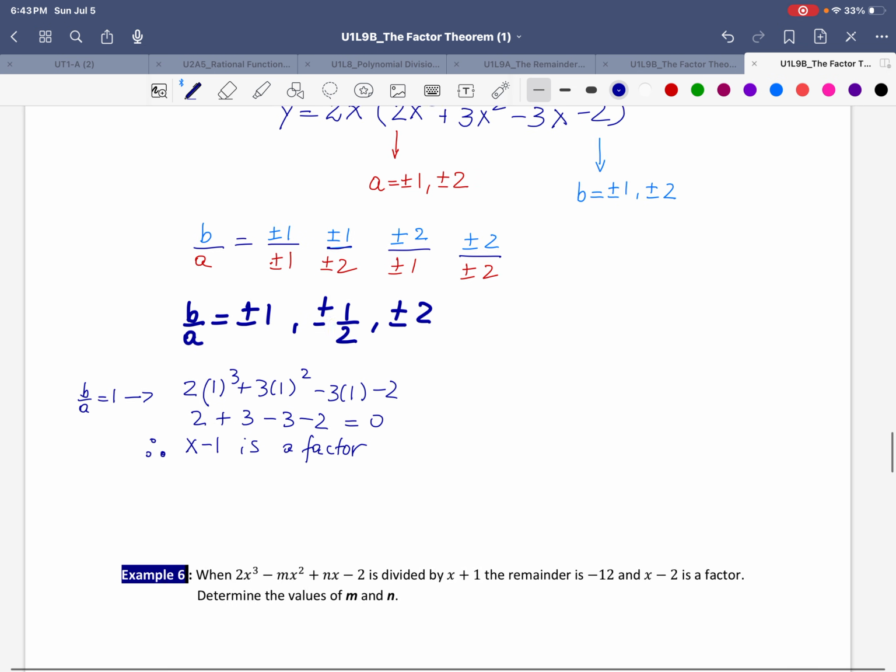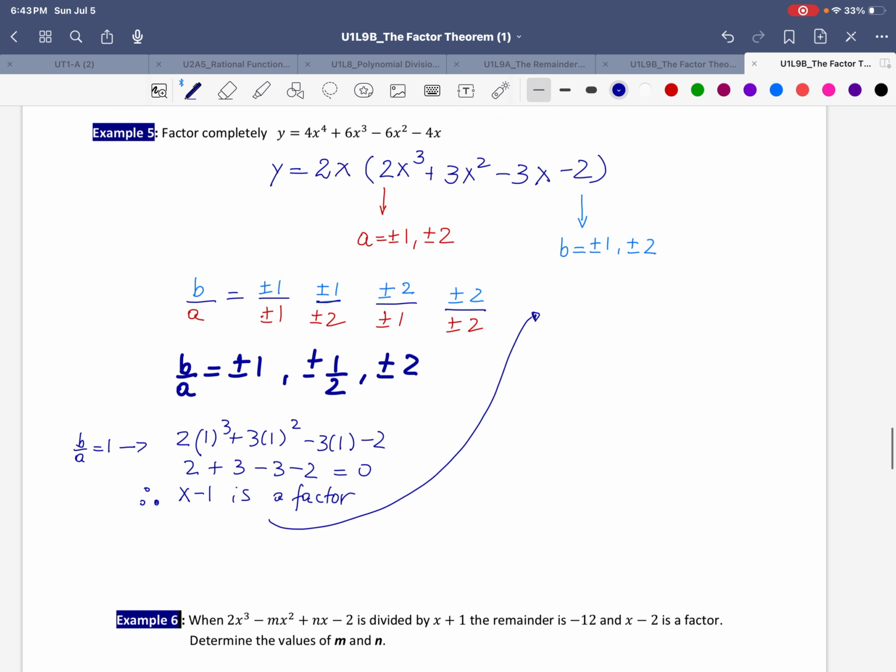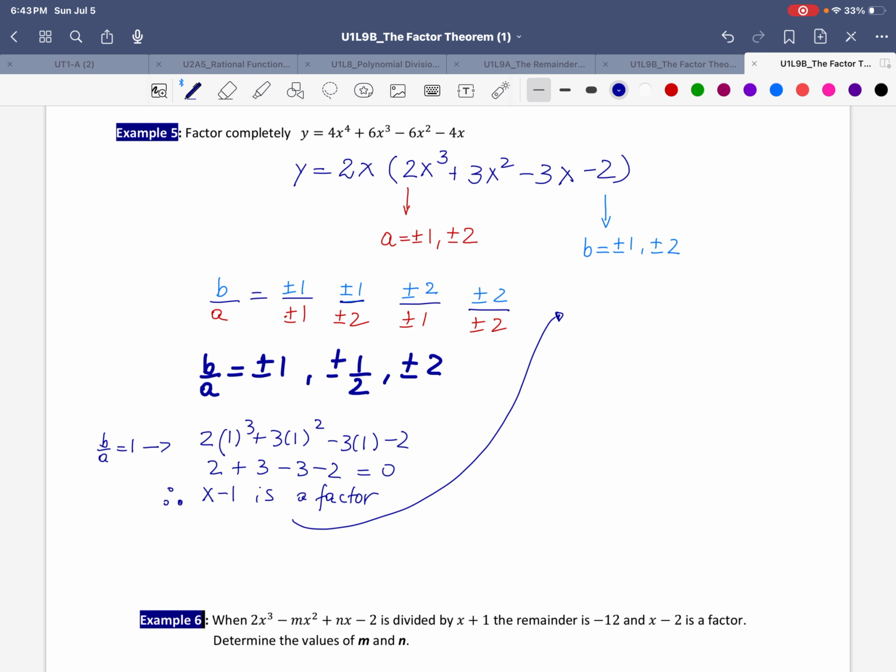So if x minus 1 is a factor, we're going to start our division by the factor to figure out the quotient, which will be the other factor of the polynomial. So we're listing these coefficients because this is the polynomial we're factoring at this point. So we have 2, 3, negative 2.